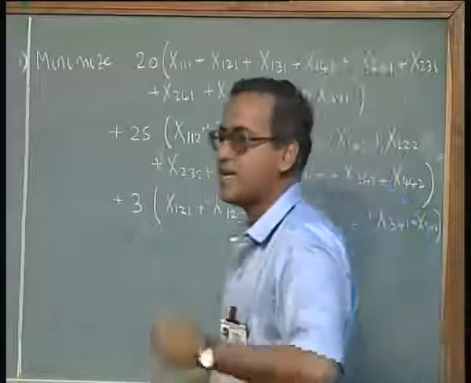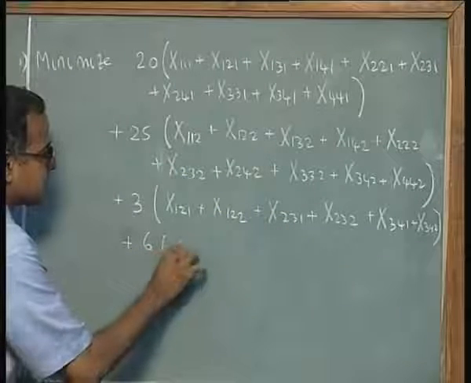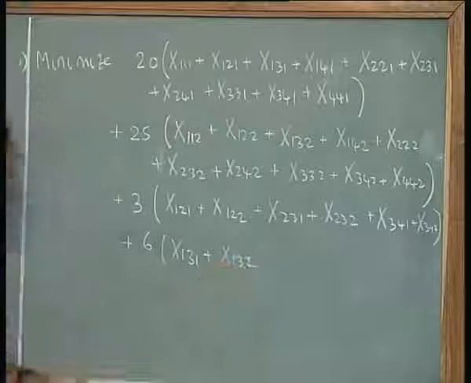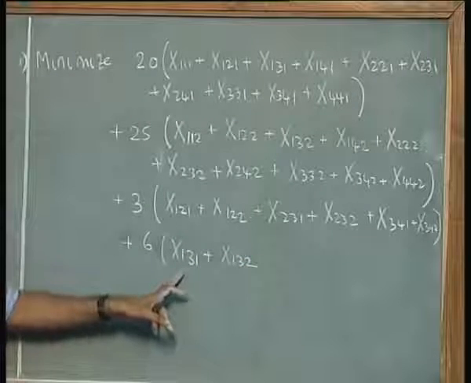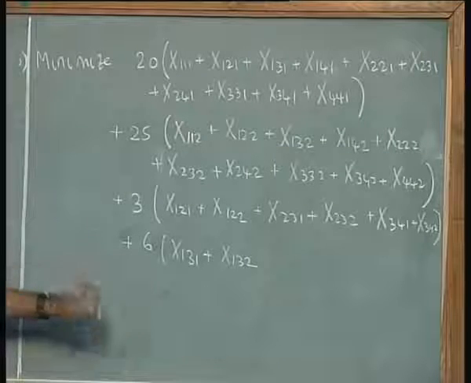There are quantities that are carried 2 months. For example, x131 plus x132, produced in the first month to meet only the third month's demand. So, carried 2 months with a cost of 6.